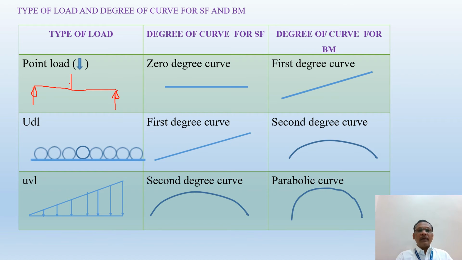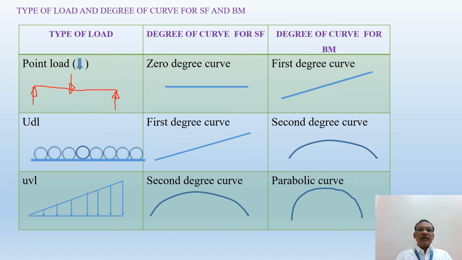If a point load is acting on the beam, then the degree of curve for the shear force is 0, meaning you will get a straight horizontal line, and for the bending moment you get a first degree curve, a straight line but inclined.